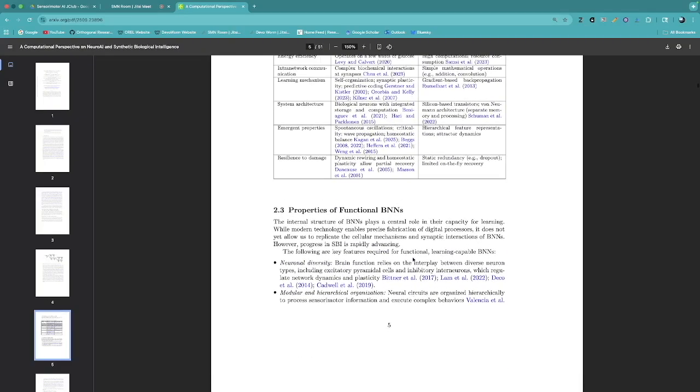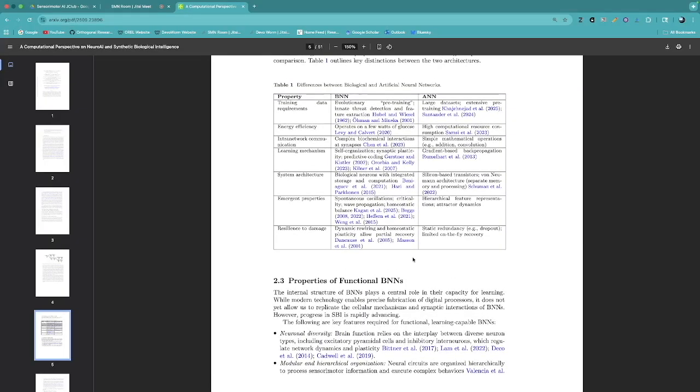I liked that in emergent properties we've got Beggs, 2008, 2022. This is the Indiana professor who replicated the mind in vitro, right?